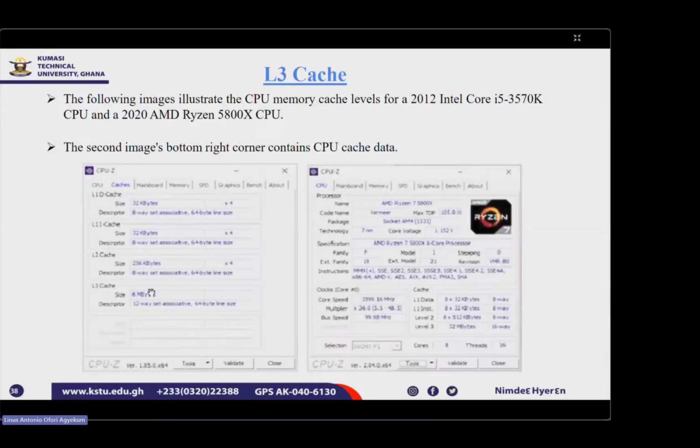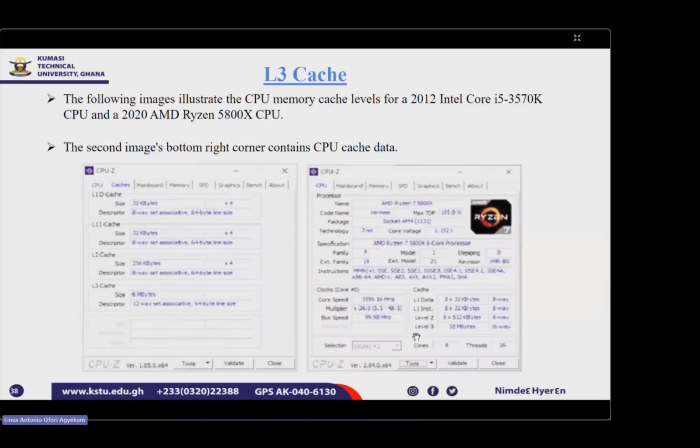So this confirms that the L3 has the largest space, but it is slower. Now let's look at the Ryzen. L1 has 8 times 32 kilobytes. L2 has 512 kilobytes times 8.